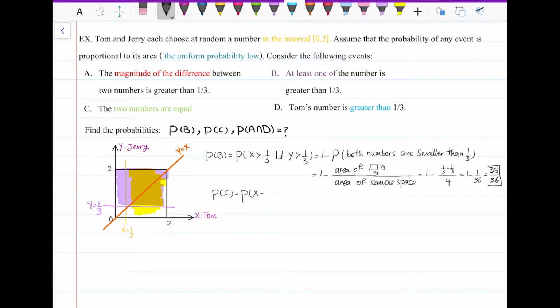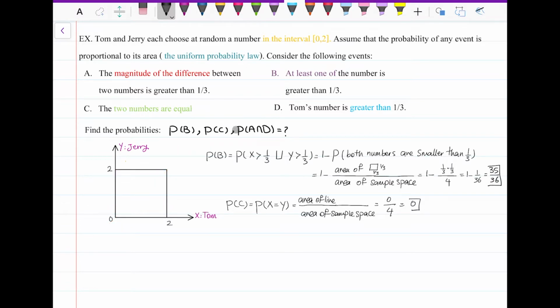So this would be the probability that x is equal to y, and the probability of this would be the area of the line over the area of the sample space. Great. So the area of the line is 0, and the area of the sample space is 4. So the probability of C is 0.